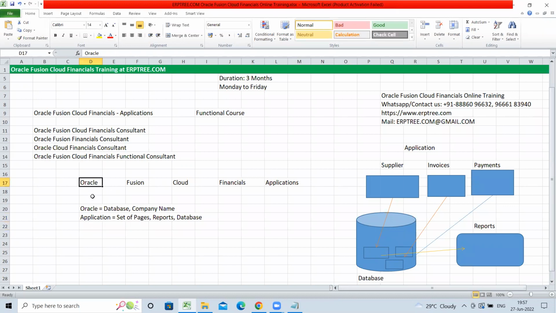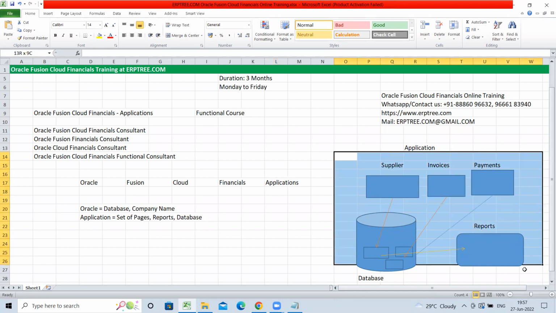That is the meaning of Oracle and application. So for the applications, the company name who is developing or creating those applications, you can include to those applications. If this application is developed by Oracle, you can call it an Oracle application.